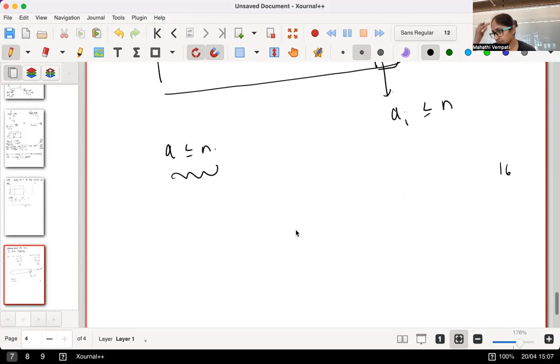I think it's 2n, but I want to say that rigorously. If a is less than or equal to n, what are the maximum bits that a can take?